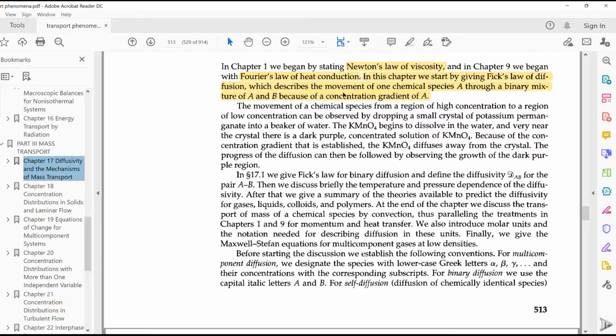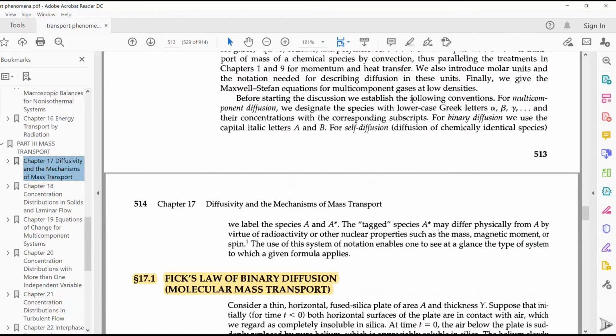We call this movement of chemical species A through the binary mixture A and B, because of the concentration gradient of A. The species A or B move from one point to another because of the concentration gradient.